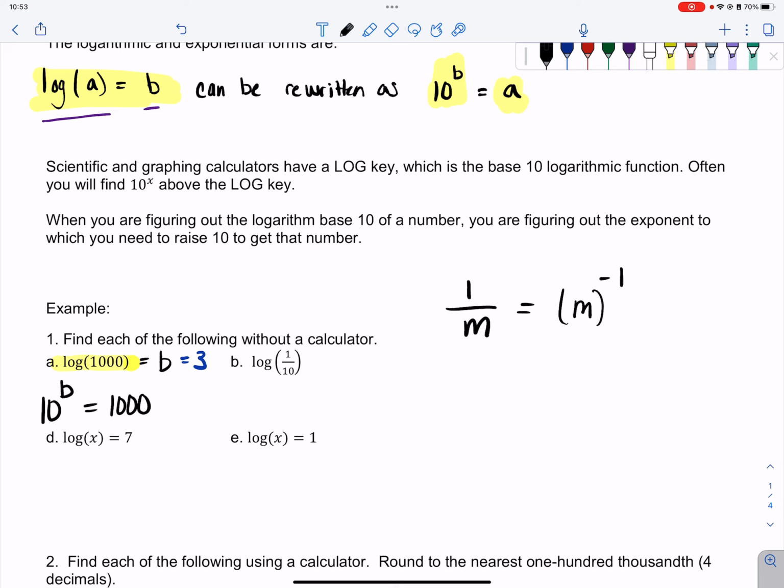So our log of 1 over 10 is the same thing as log of 10 to the negative 1 power. And now we already know what we have on the inside, 10 to the negative 1 power. That exponent on this 10 is our b. So log of 10 to the negative 1 is just equal to the exponent, negative 1.